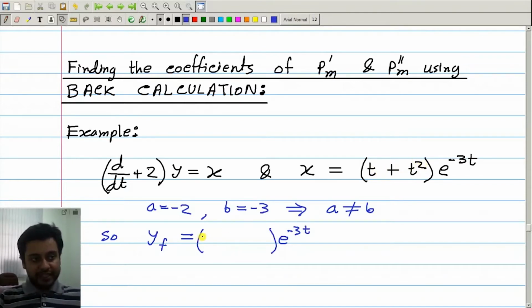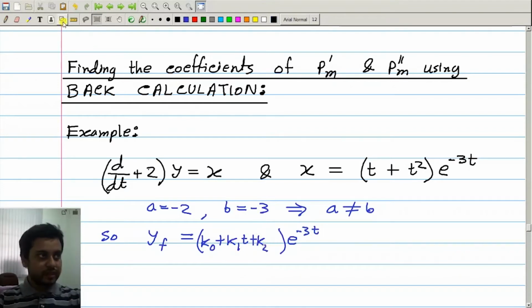So let me write here k0 plus k1t plus k2t square. So the output will definitely be of this form.